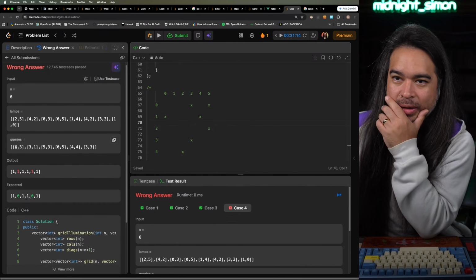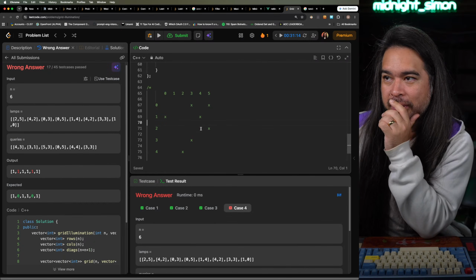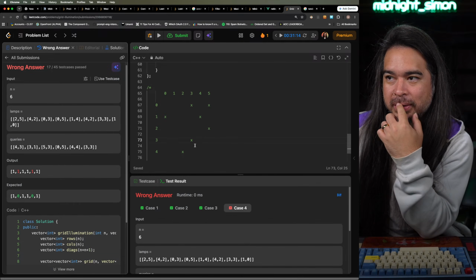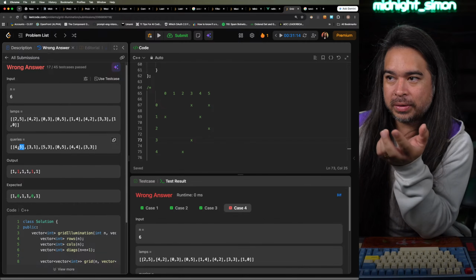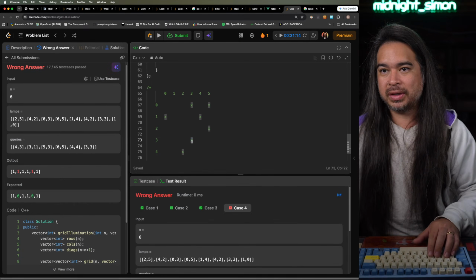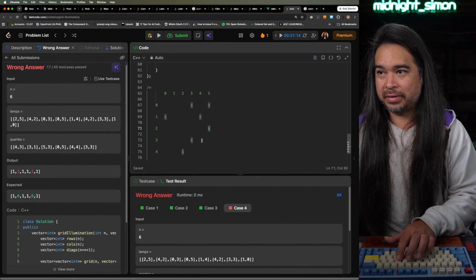Alright, so let's say queries is 4, 3. Nothing's there. But I guess I'm saying it is illuminated. So I don't turn anything off. But this one gets turned off. And that one gets turned off, right?